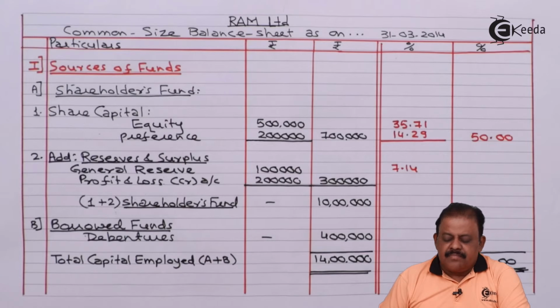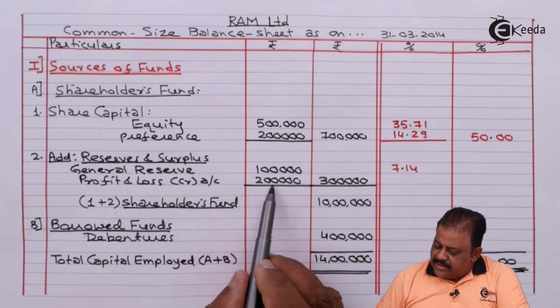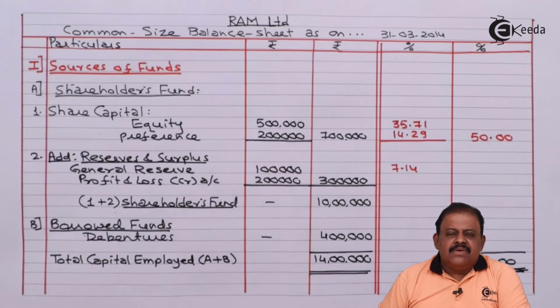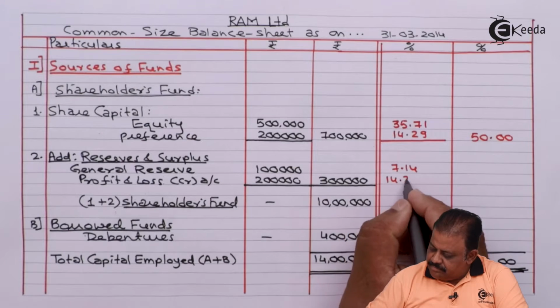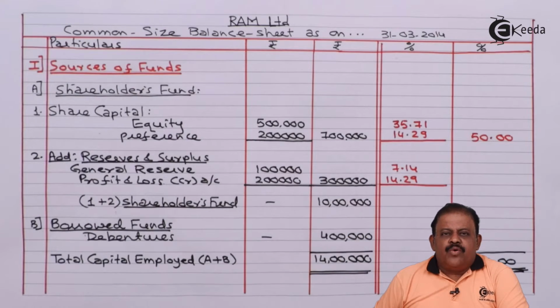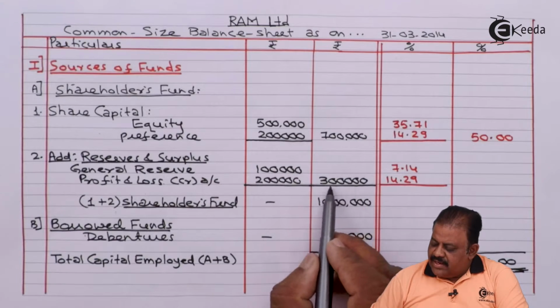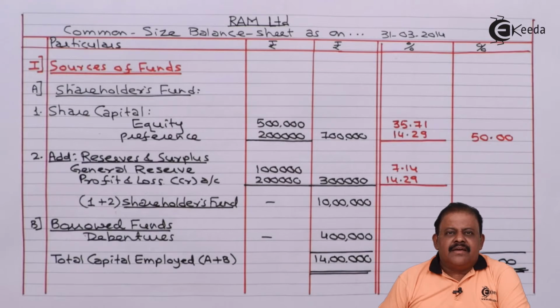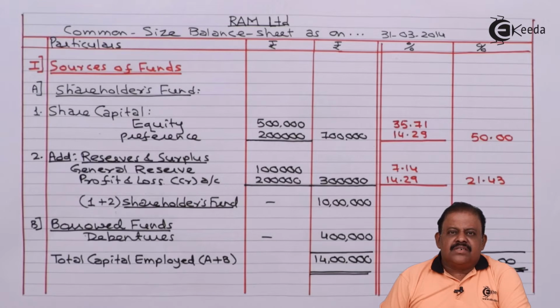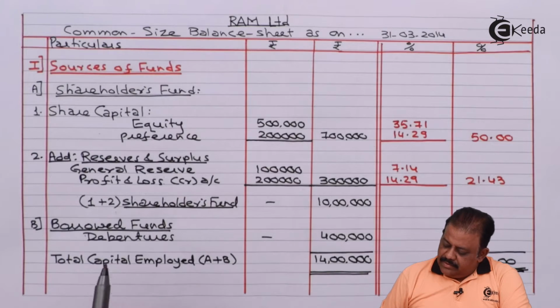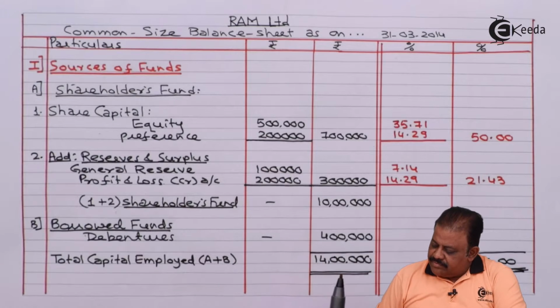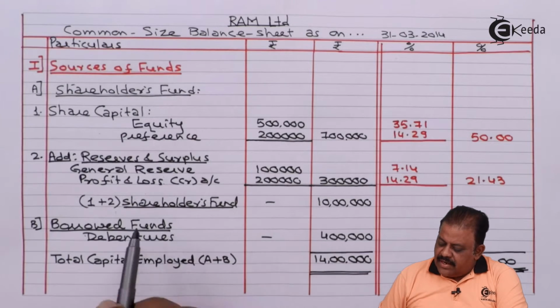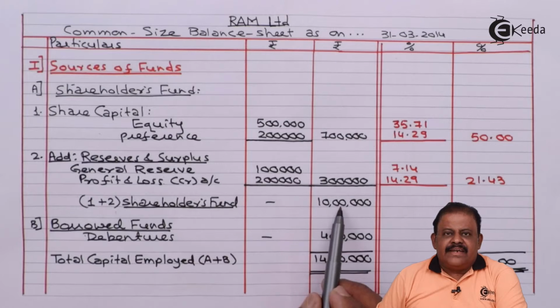Reserves and surplus, general reserve 1 lakh divided by 14 lakhs multiplied by 100, 7.14%. Profit and loss account 2 lakhs divided by 14 lakhs multiplied by 100, 14.29%. Total reserves 3 lakhs divided by 14 lakhs multiplied by 100, 21.43%. Next we have debentures, that is 4 lakhs, and shareholders funds 10 lakhs.